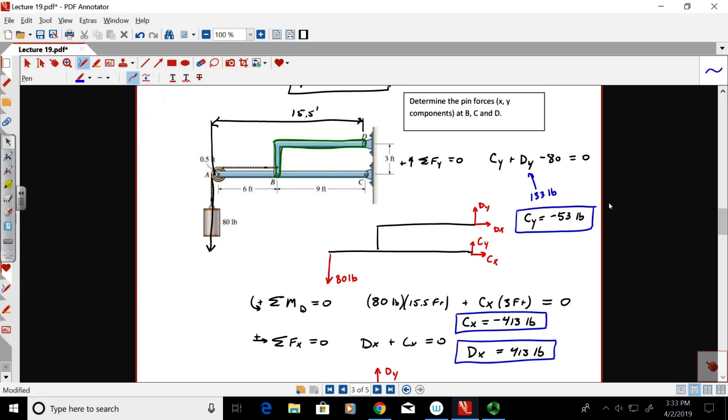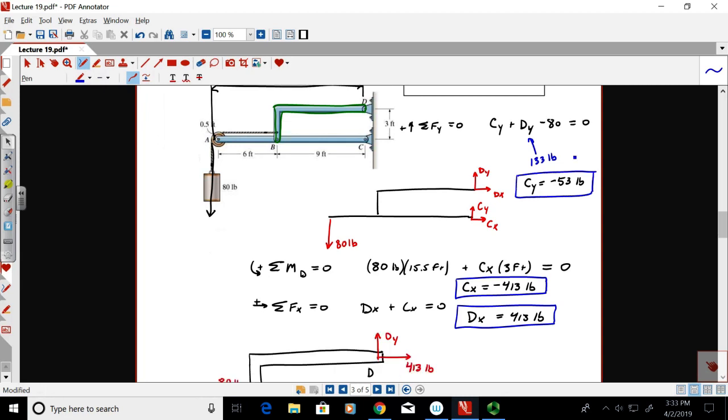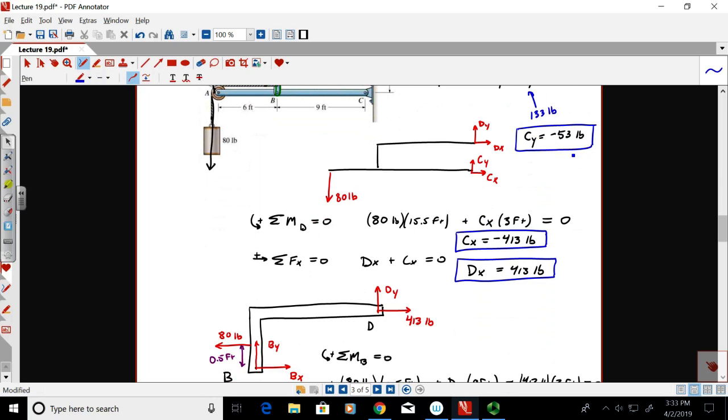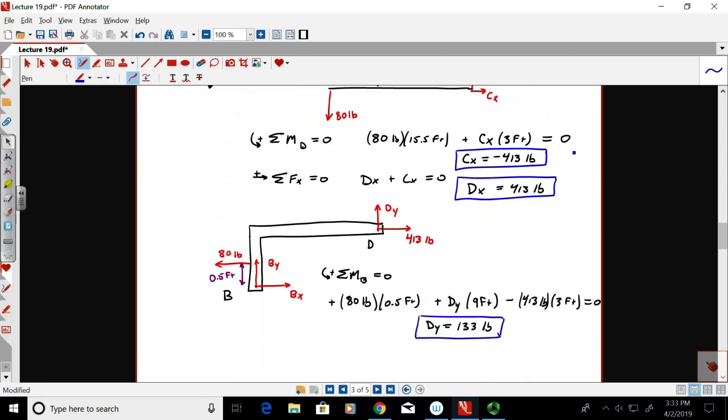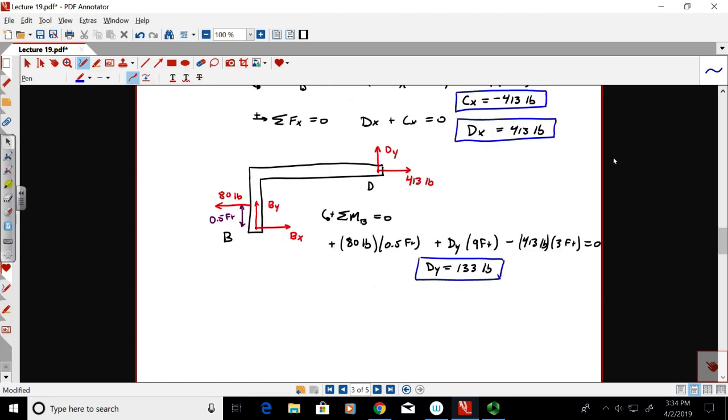Okay, so I got cx, cy, dx, and dy. That's great. I'm almost there. I guess I could get the rest of it now. All I have to do is analyze that one part, right? I could do bx and by by doing some forces.